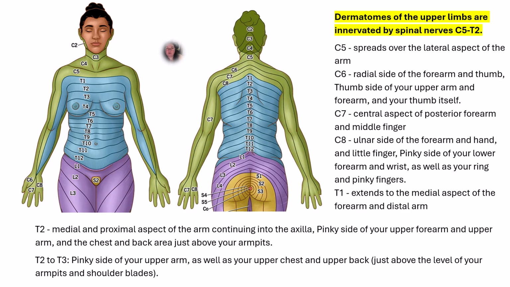So it wraps in a ring around your upper chest, just above your armpits. T2 to T3 is the pinky side of your upper arm, as well as your upper chest and upper back, just above the level of your armpits and shoulder blades. So this is where we're stopping on this slide.